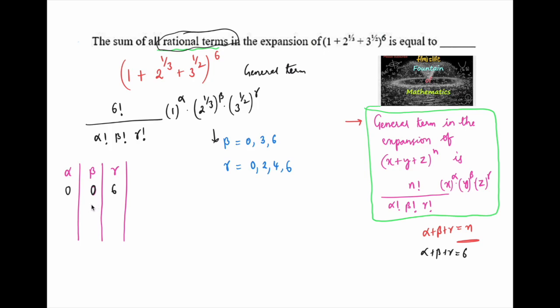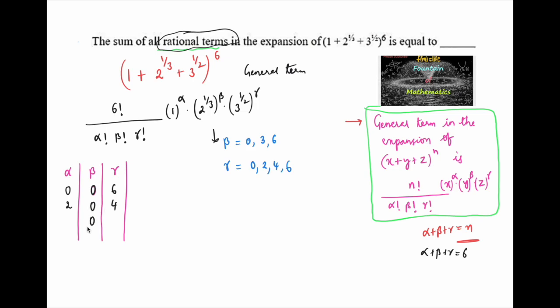Also if β is 0 and α is 2, then γ can be taken as 4, so (2, 0, 4).